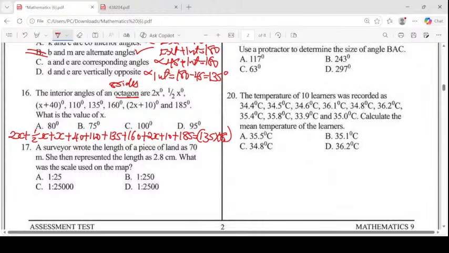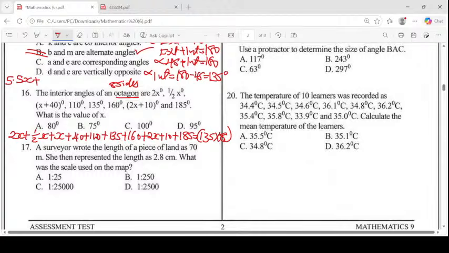So let me first add the x's. x plus x is 3x, plus this x plus this 2x, that is 5x, then plus a half, that is 5.5x, added to 40 plus 110 plus 135 plus 160 plus 10 plus 185.